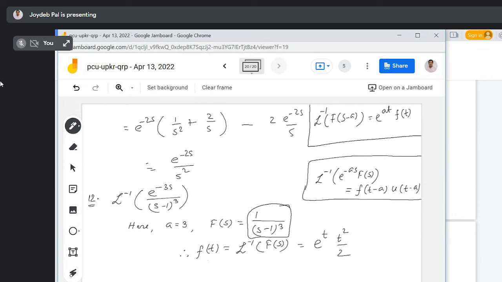Now we have f(t), then according to the second shifting ये e to the power minus as F(s) का लैप्लास इनवर्स होता है f of t minus a u(t minus a). नाउ स्मॉल a is 3, तो क्या होगा? f of t minus 3 u(t minus 3). So f of t minus 3 means what?